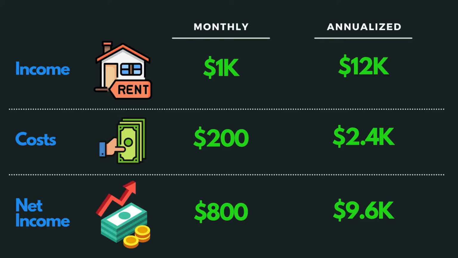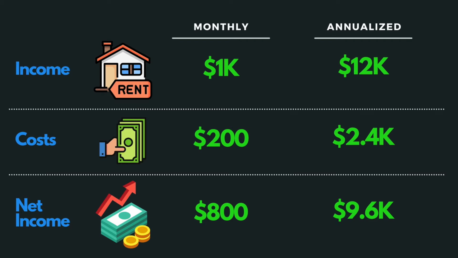Let's take a look at an example. Say you purchased a property for $200,000. You rented out the building for $1,000 per month. If the sum of total costs is $200 per month, your net operating income will be $1,000 minus $200, which is $800.